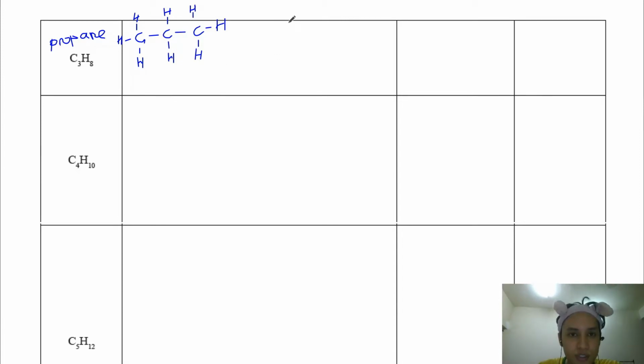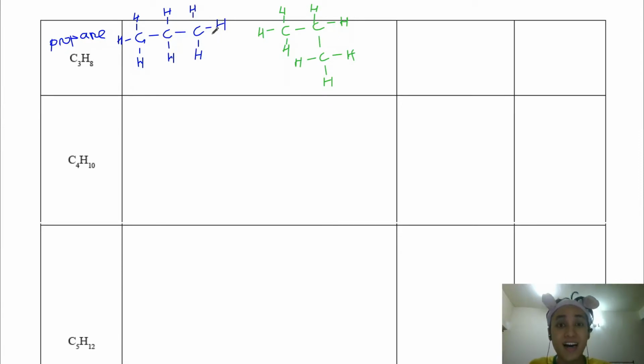Let me show you the second structure that I can draw. If I draw it like this, is this the same or different? Technically, once again, this and this are the same. They are not different. Again, what you are doing is you are only rotating.